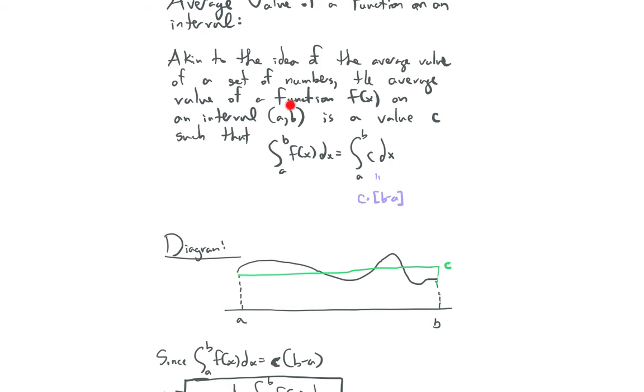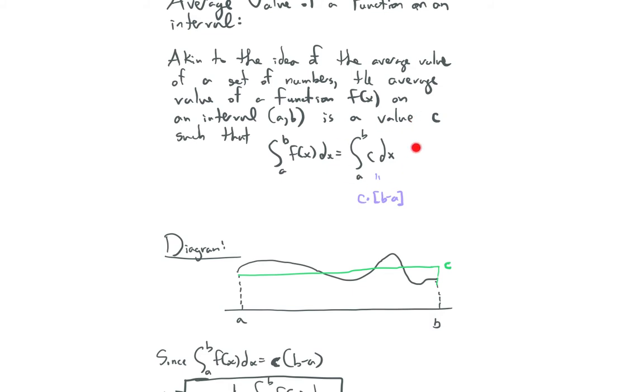If we have the average value of a function f of x on some interval from a to b, it's that value c, where if we take the integral of f of x from a to b, that's the same thing as the area under this rectangle. So the integral of c from a to b. Remember, c is just some number, and this is very easy to integrate.